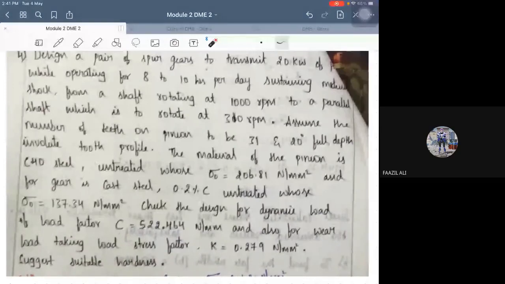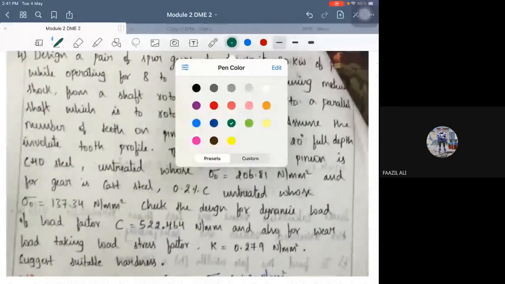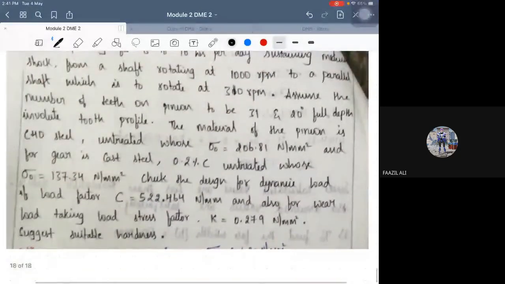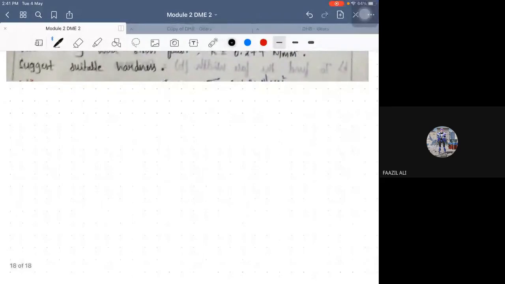Okay. Let us start the problem. Design a spur gear to transmit 20 kilowatt of power. I would just write down the given data.